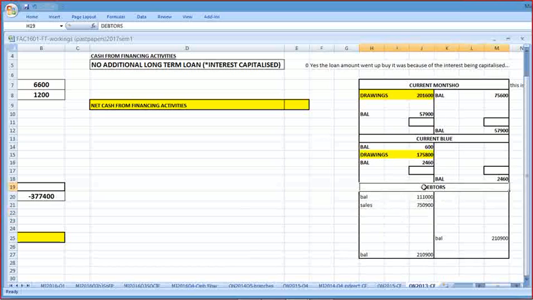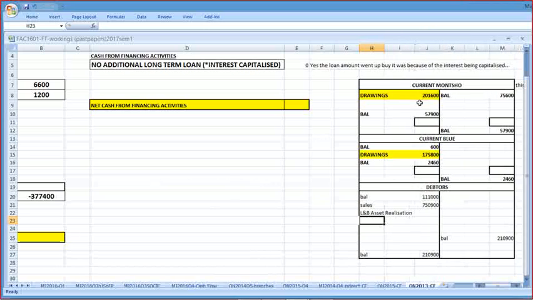Increase or decrease it? It will increase it, because you're still owed, so this will have come from the land and buildings asset realization. Okay, the realization account is going to have an amount of, well, let's work it out. Okay, so what was the opening balance for land and buildings?